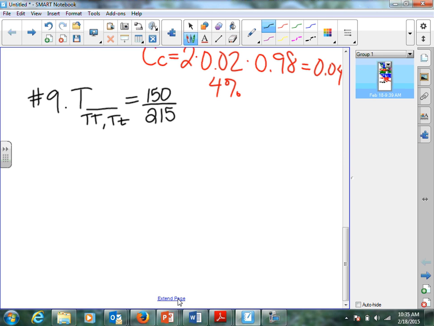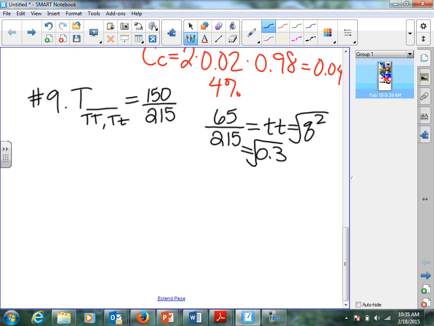So what I need to focus on is the idea that 65 of the 215 could not taste it. And this makes them little t, which is our q squared. Okay? So if I know this is q squared, and if I work this out, and this equals 0.3, I can take the square root of both of these.